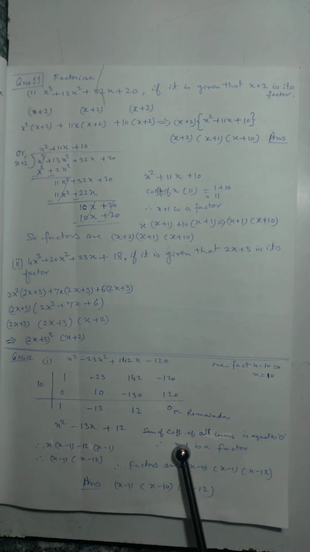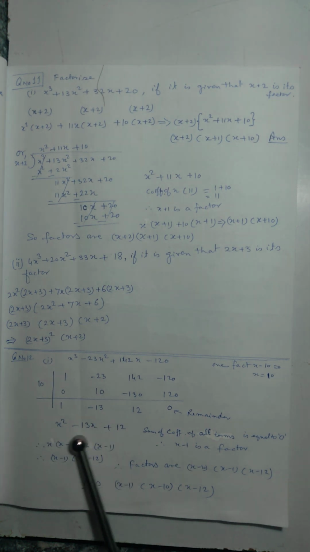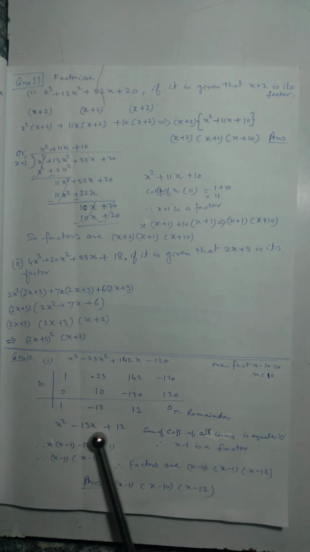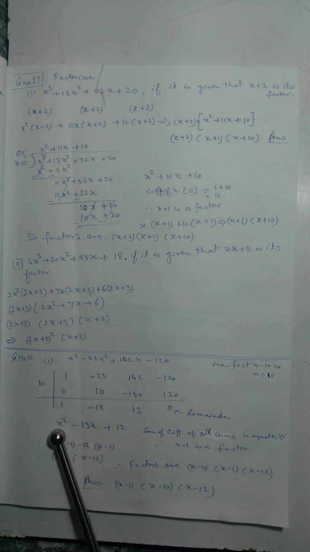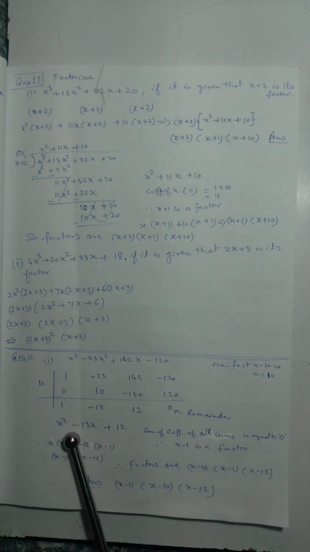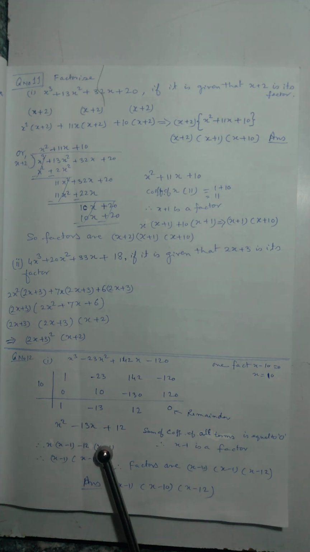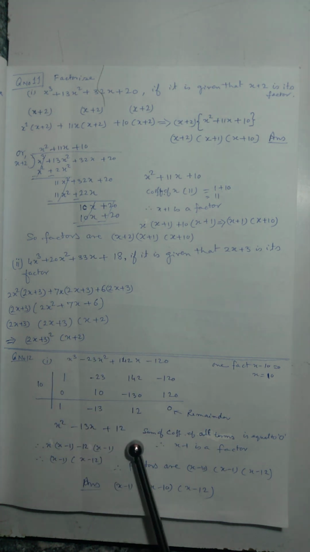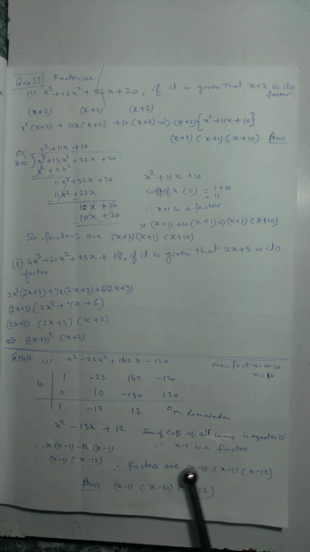Now, while you add all the coefficients, it is plus 1 minus 13 plus 12, that will be equal to 0.